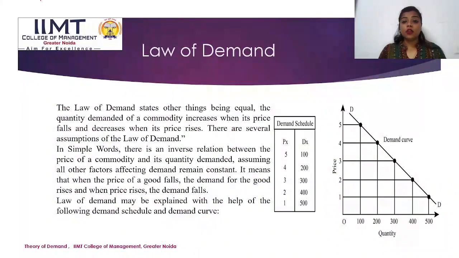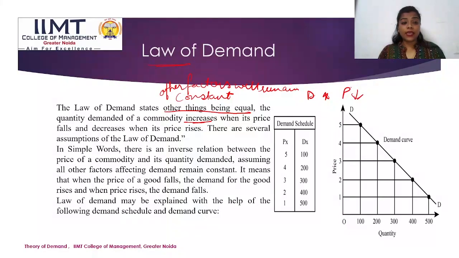Now, what is law of demand? Law of demand states that other things being equal, the factors other than price will remain constant, but the quantity demanded of a commodity increases if its price falls, and the demand will decrease when its price increases.